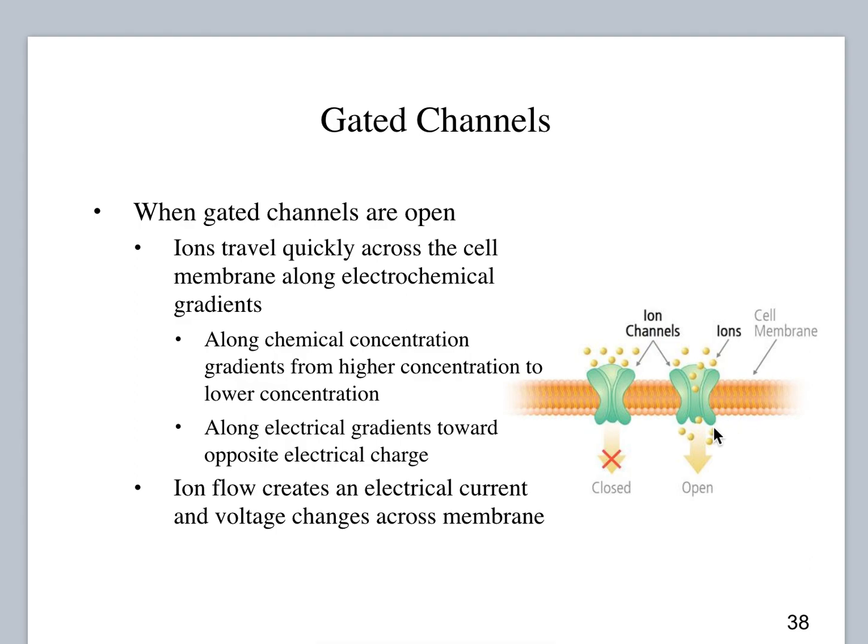There's also an electrical gradient. If you have positive charge on the outside and negative charge on the inside, the positive charge is going to be attracted to the negative charge inside the cell and rush in for that reason as well.